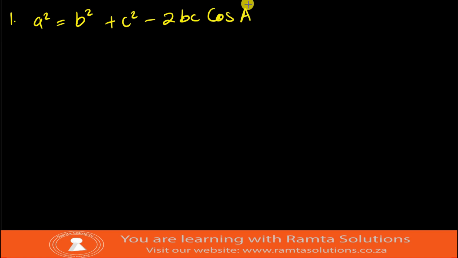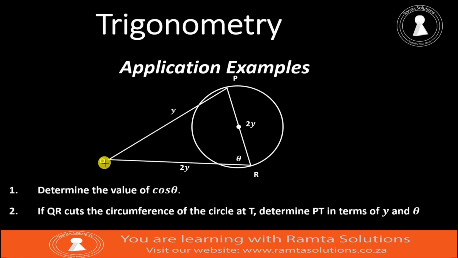So we know the cosine rule says a squared is equal to b squared plus c squared minus 2bc cos angle A. It's up to you to continue with it like this or to write it using PQ, QR and PR.